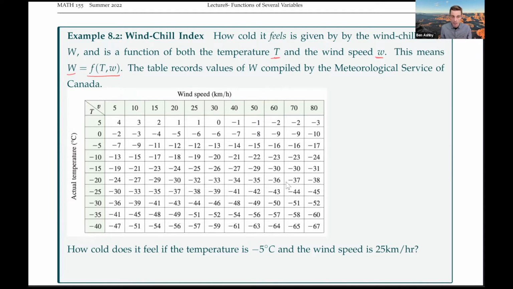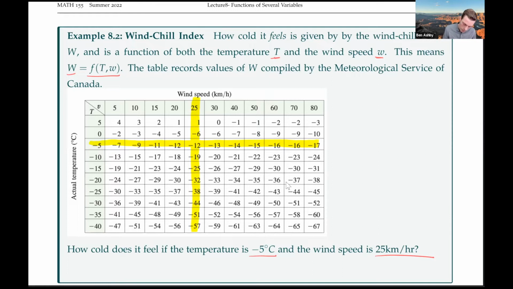We don't actually know what that function is here, but say we have a temperature of -5 degrees and a wind speed of 25 kilometers an hour, we can just look at this table to work out what our wind chill is. So we need to look at this row here, because that's when we have -5 degrees. And we need to look at this column here, which is when we have a wind speed of 25 kilometers an hour.